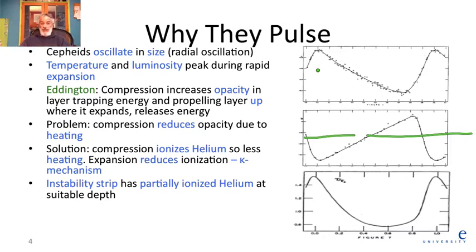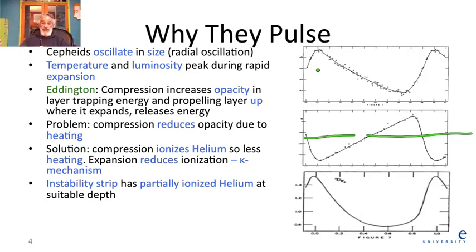And the idea is, if you could have roughly a situation where compression increases opacity in some layer of the star, makes it more opaque, then when the star is compressed, that layer will trap energy and be pushed out by the radiation pressure until the star expands, the layer releases its energy, and then the star will contract again because the layer will be transparent, energy will be able to escape. So you have this mechanism for trapping energy.